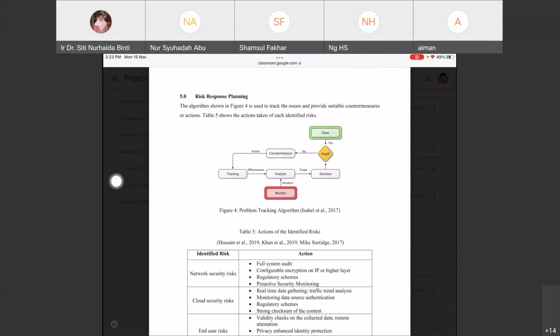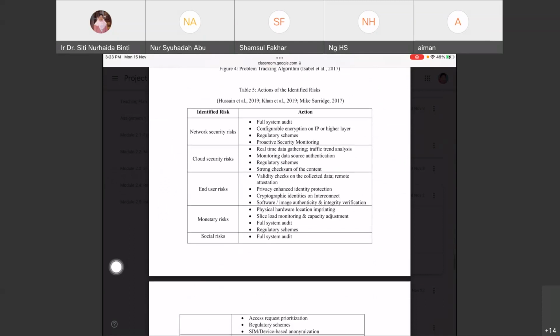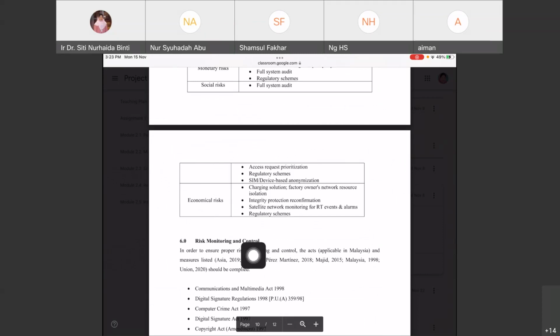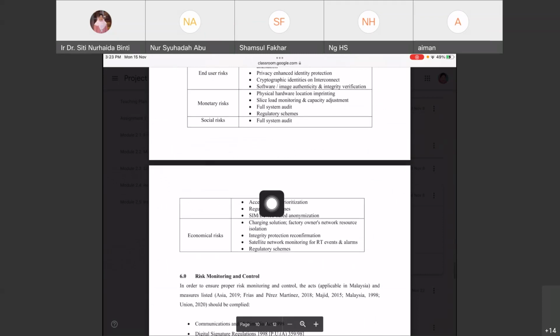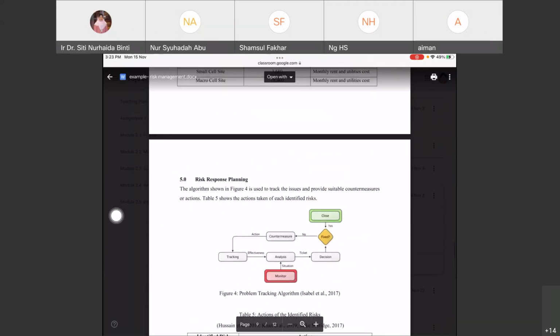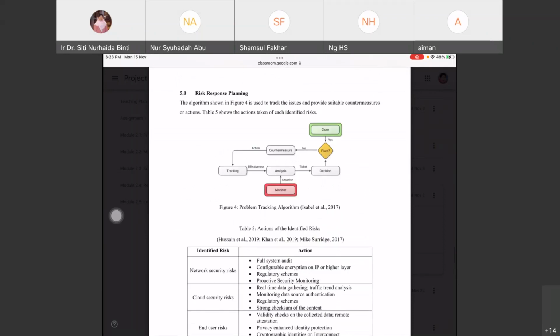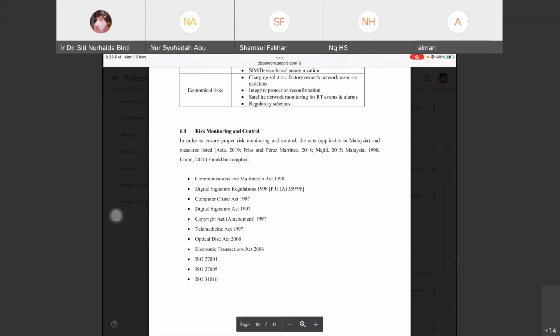When you have a problem here, for example, network security risk, use this as your work breakdown structure. How you stage by stage reduce the risk in this, for example, 5G or 4G situation. Okay.